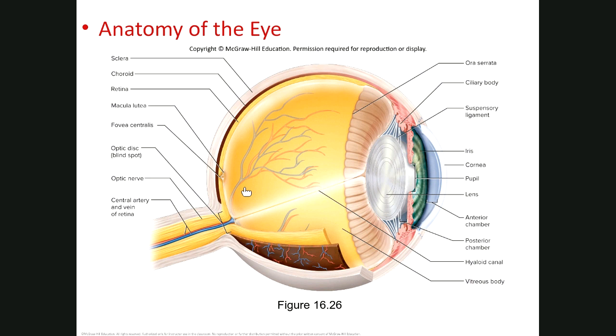Okay. You can also have other conditions. Fungus can get into the eye. Some parasites can also get into the eye. So those are other, not as common, conditions that can also happen to the eye. The vitreous humor, like we said, is a jelly substance in this area behind the lens and makes the eyeball actually stay rounded.